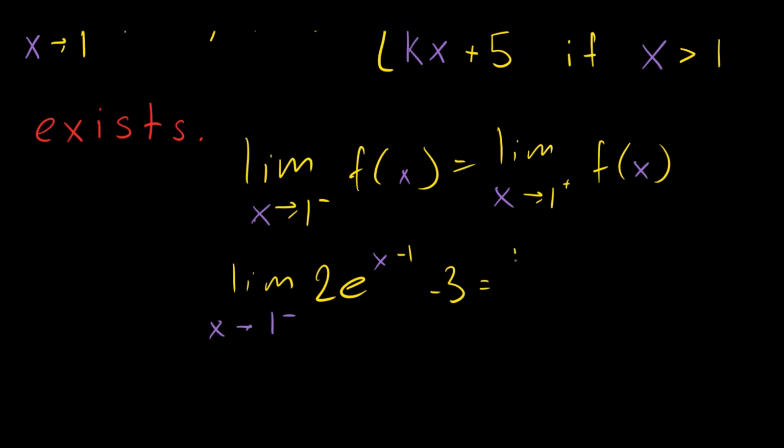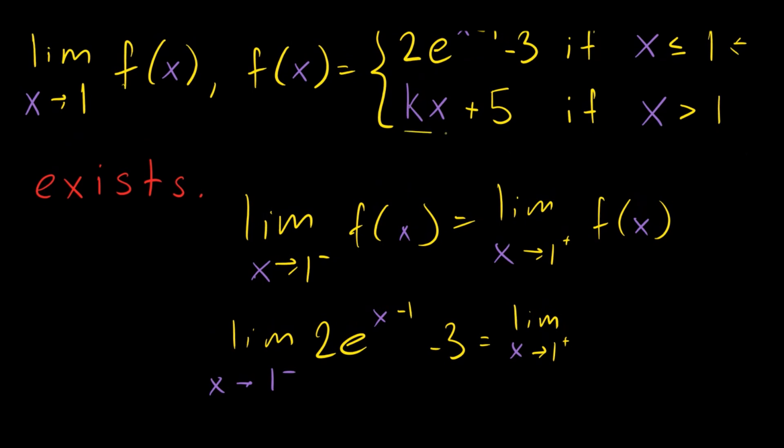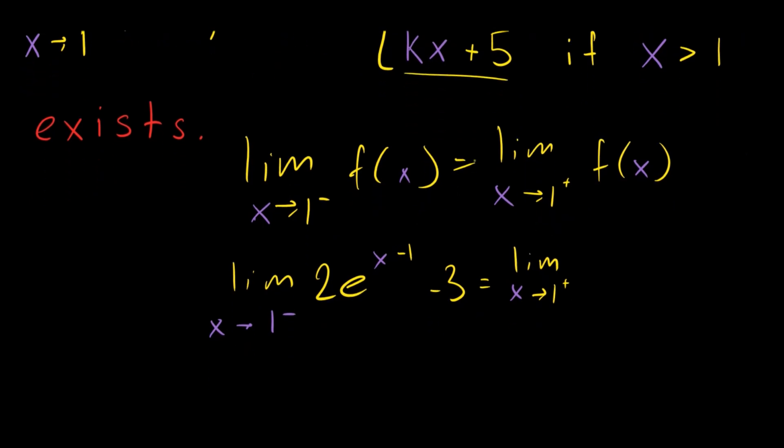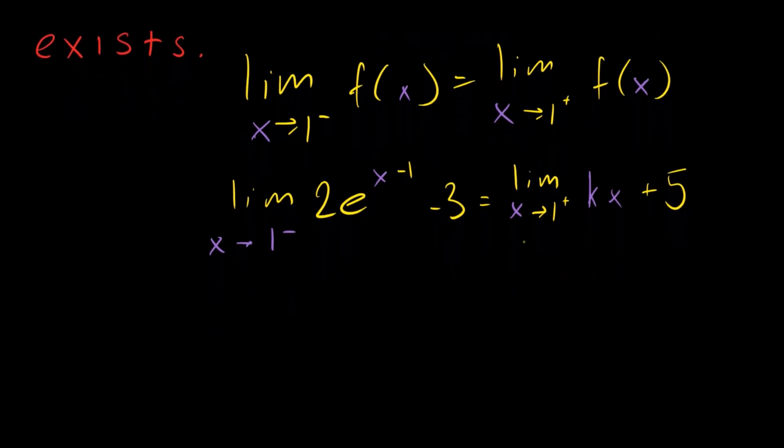And that has to be equal to the limit as our variable x approaches 1 from the right side. And then we just plug in our definition for the right side. So that's kx + 5 right there. So that will be a kx plus a 5. Perfect.